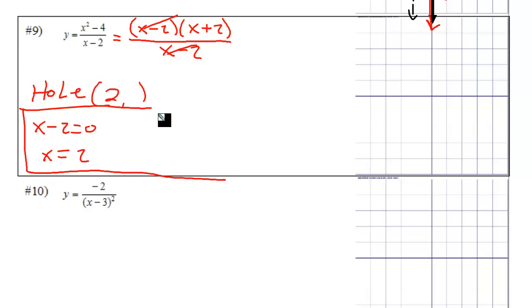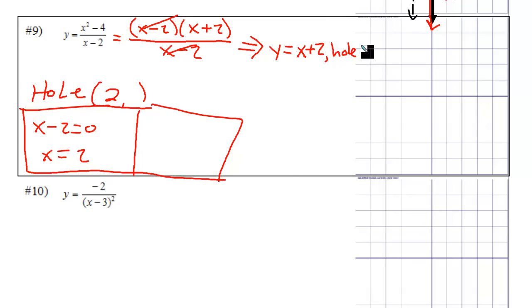To find the y value of that hole, we just found the x value. Take what's left of your equation. What we have left here is y equals x plus 2. But we have a hole at some ordered pair. This is just a line. We're graphing a line that has a hole in it.